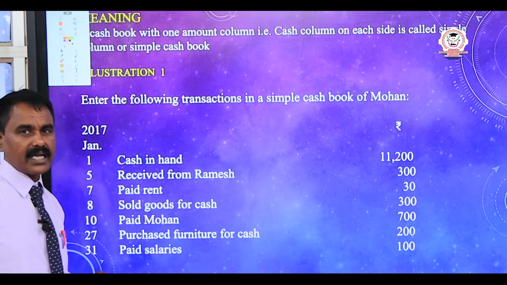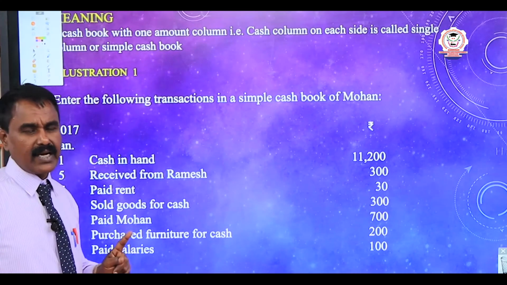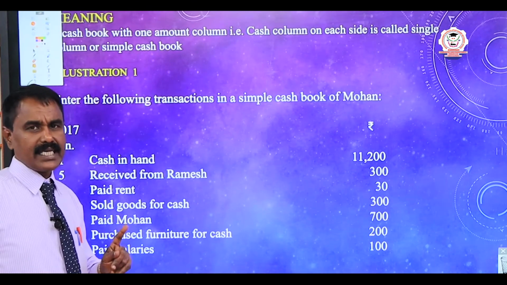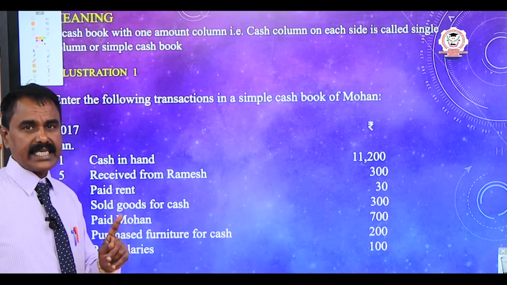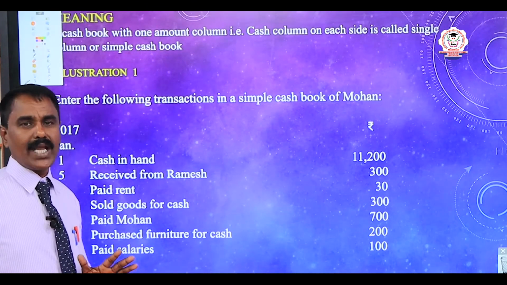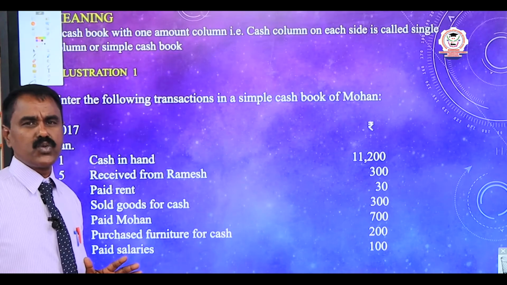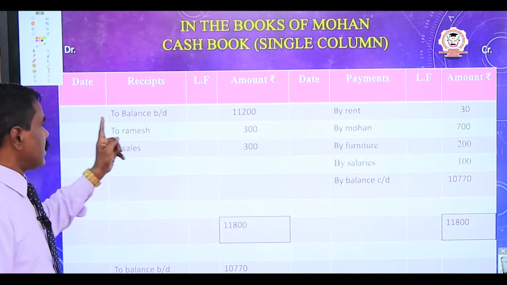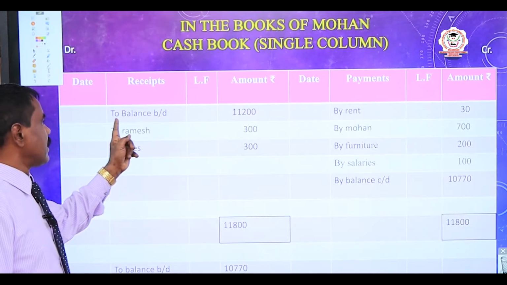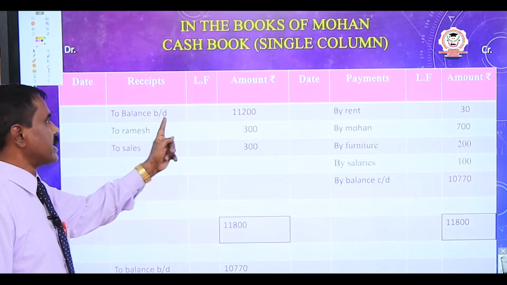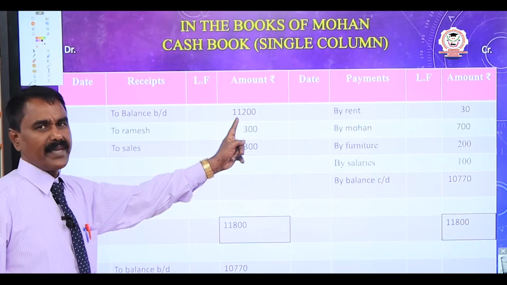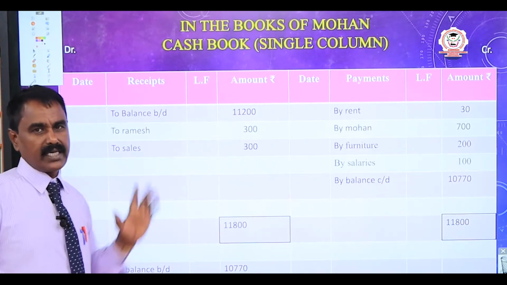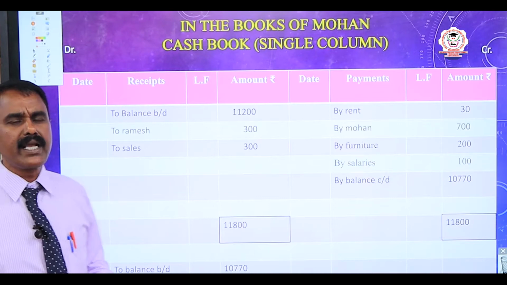It will come to the debit side of the cash book because cash is an asset. All asset balances will come to the debit side. We will write To balance b/d, 11,200 in the debit amount column.